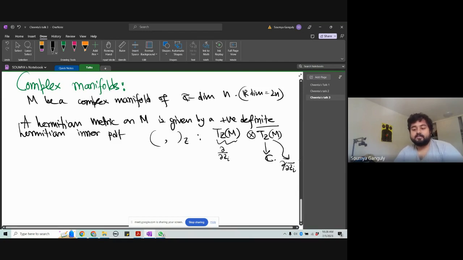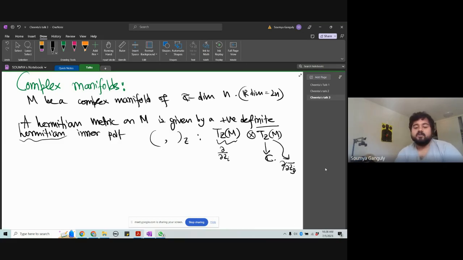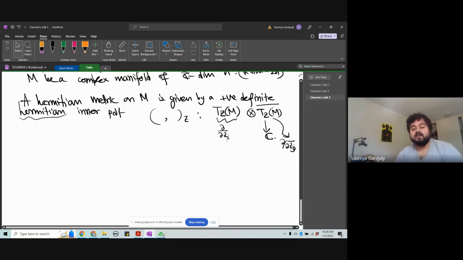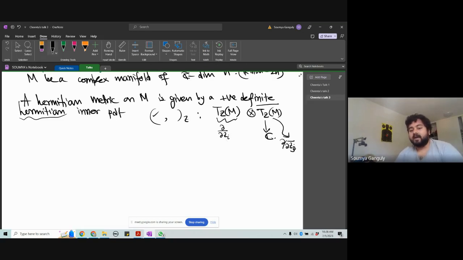It is an inner product, but a Hermitian inner product. You don't have to pay attention to the word Hermitian right now. It simply means it is linear in the first coordinate and conjugate linear in the second coordinate, which means if you multiply the second coordinate by a complex number, the conjugate of the complex number comes out.